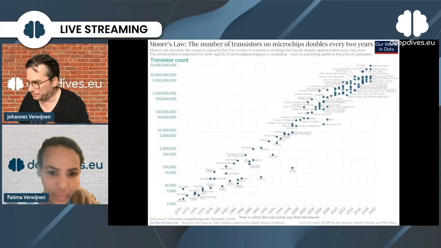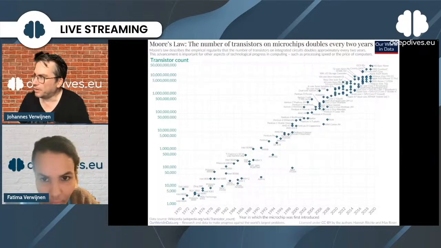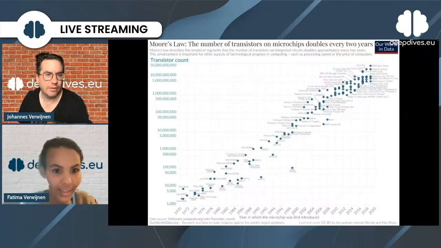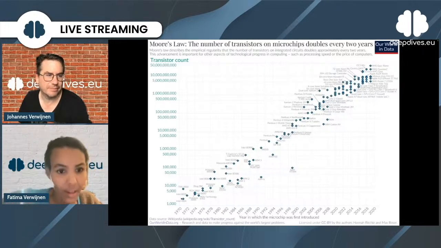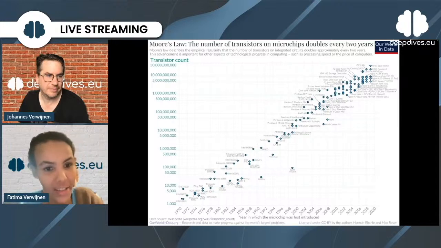It had something like 1,000 transistors on it. And the current CPUs have 50 billion transistors compared to 1,000. Right. And the time between the first and today's CPUs is 50 years.